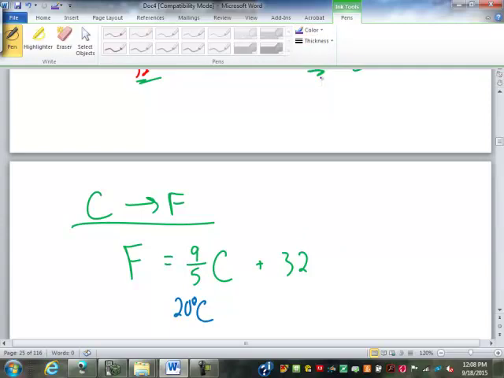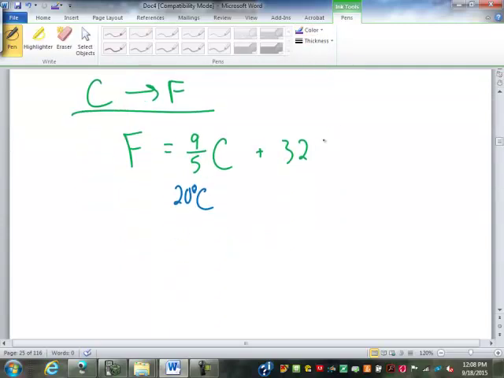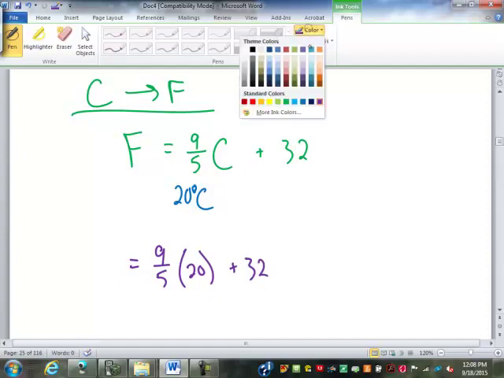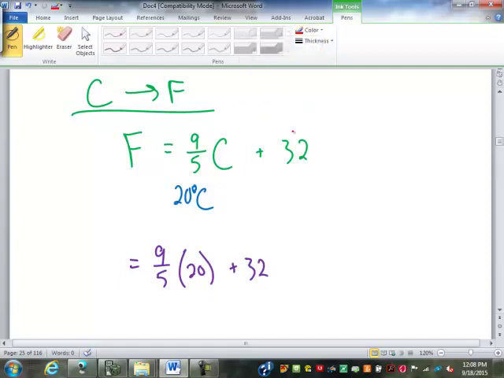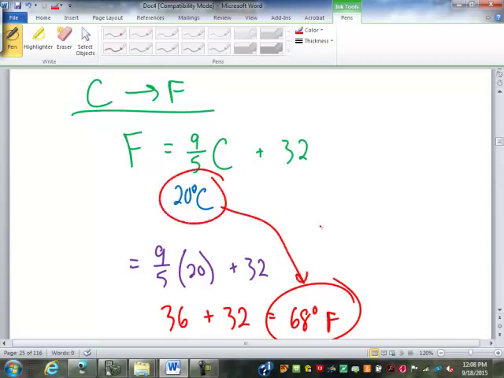Well, depends on who you are and what you think, I suppose. Well, let's convert it. That'll be 9/5 times 20 plus 32. Order of operations says we do 9/5 times 20 first, which is going to give us 36. 36 plus 32 is 68 degrees. So 20 degrees Celsius is 68 degrees Fahrenheit. To me, that's a pretty nice day.